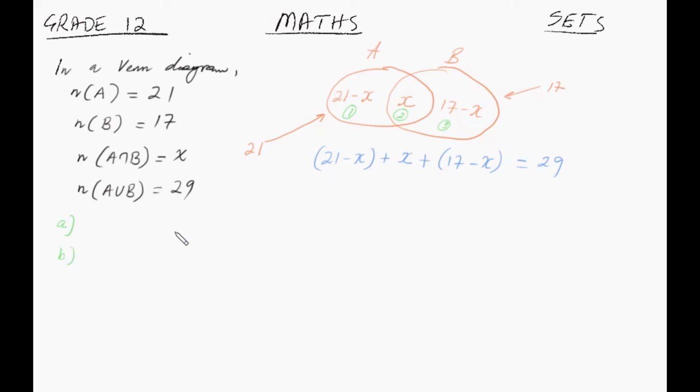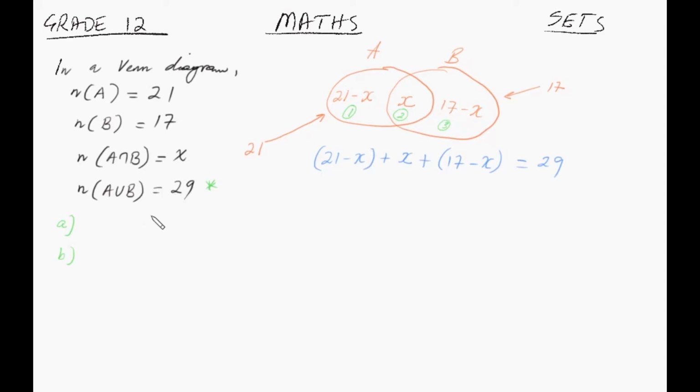Let's go to part B. Form an equation and hence find x. Which equation? You take the equation from the union. The union is the only thing that will enable you to add this plus this plus this and say that is equal to 29.